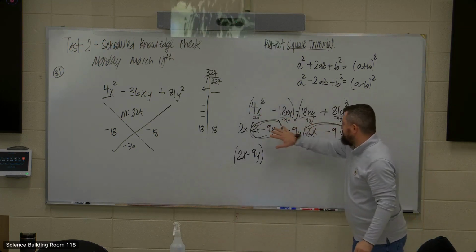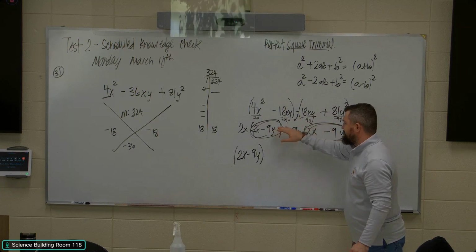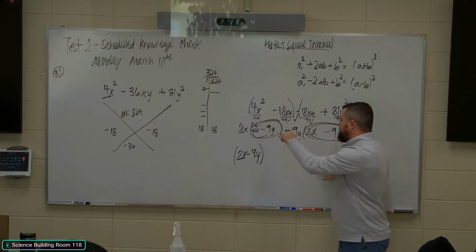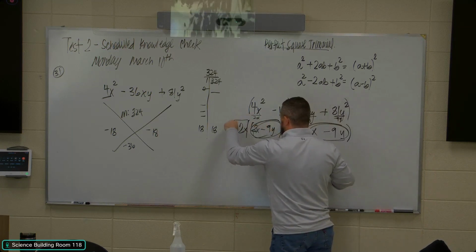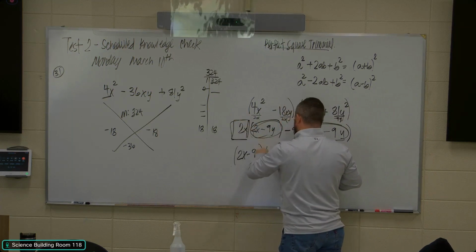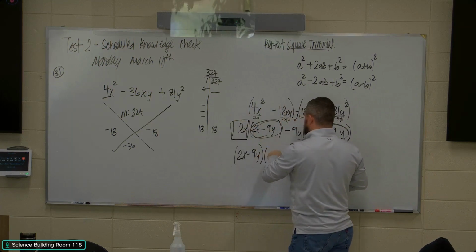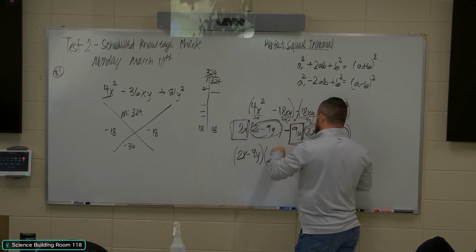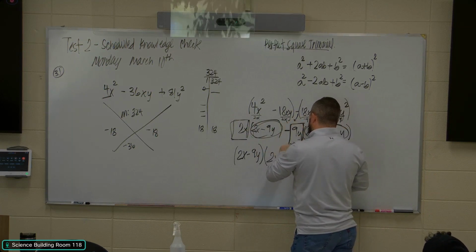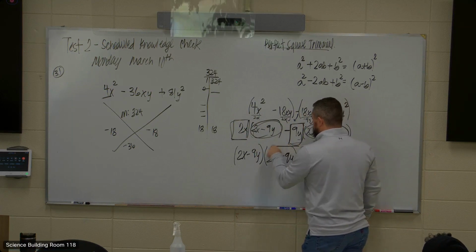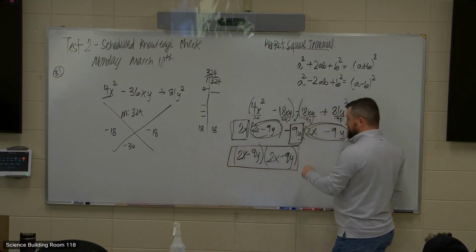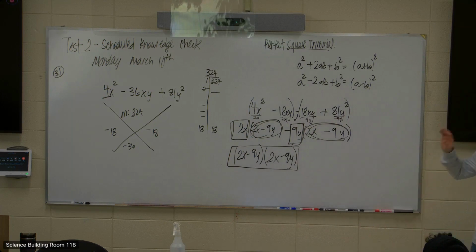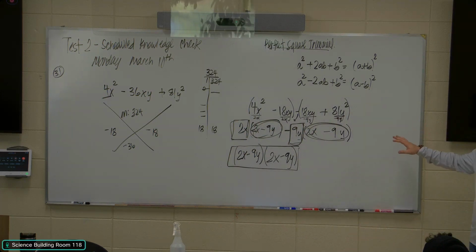If you bring out the factor that they have that's the same, you are left with 2x minus 9y. You're done. Okay, that's as bad a factoring problem as I've ever worked right there. I'm just saying.